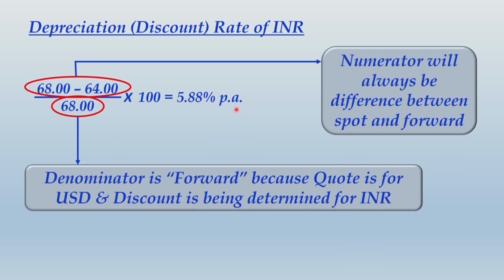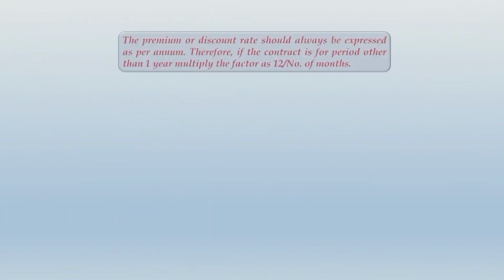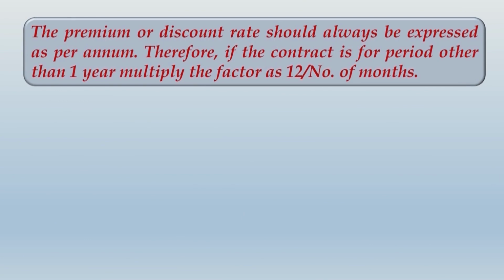If the period involved is 1 year, you make the calculation directly this way. If the period involved is anything other than 1 year, you need to make the time adjustment. So the premium or discount rate should always be expressed as per annum. Therefore, if the contract is for a period other than 1 year, multiply by the factor 12 divided by the number of months.